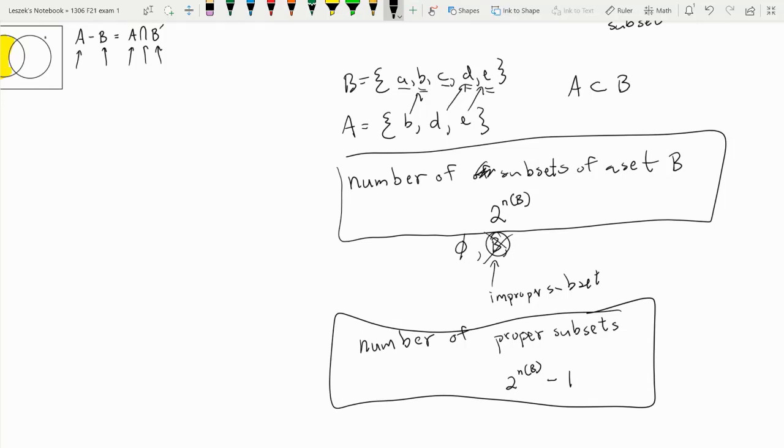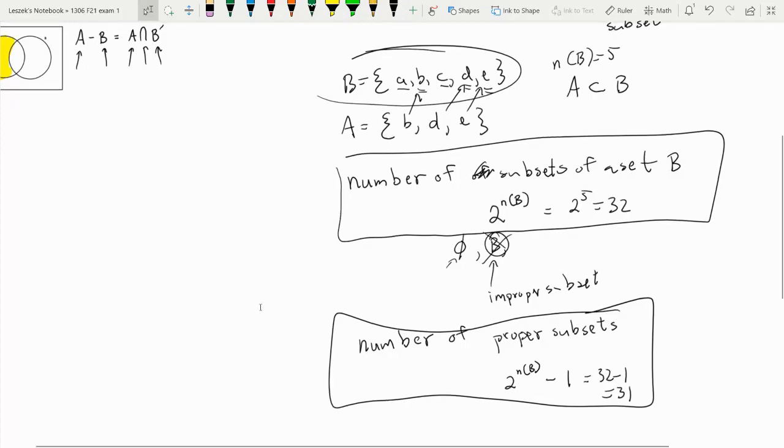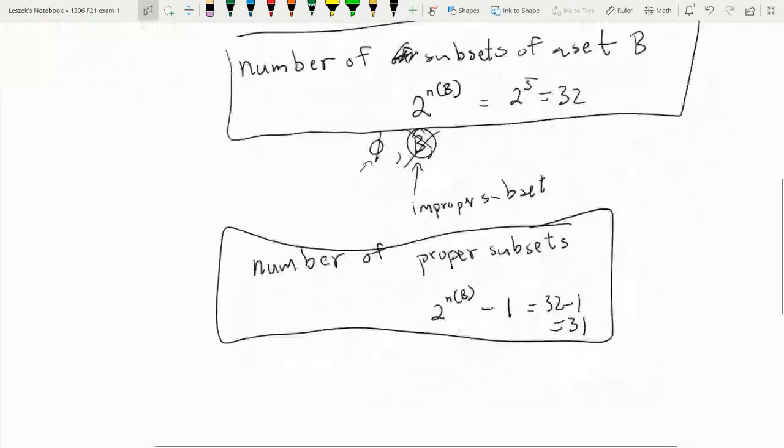So here, for example, there are 5 elements in set B, so the number of subsets is 2 to the power 5, or 32. It would be fun to list them all, but remember that that includes the empty subset as well. But the number of proper subsets, of course, is 31, if we don't include B as a subset of itself. All right. One more thing, notation-wise.